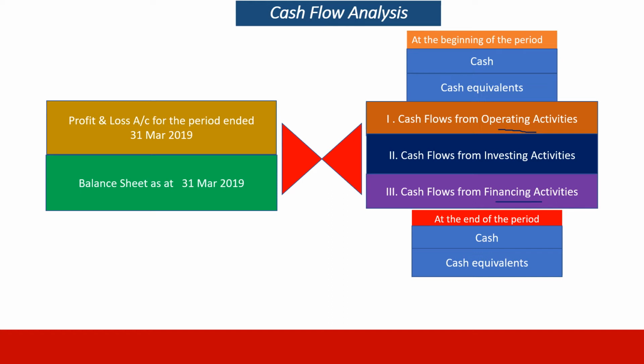Why this grouping? Because if operations is our business, our cash flow has to be studied in detail, and it should be a major transaction so far as the company is concerned. The other two are investing and financing. We will get into its details as we go further.